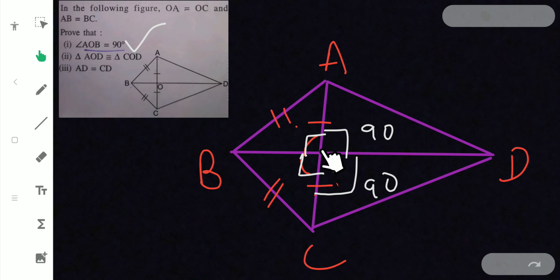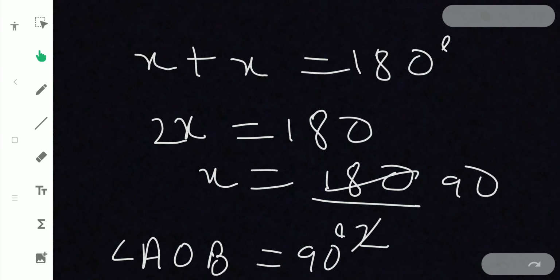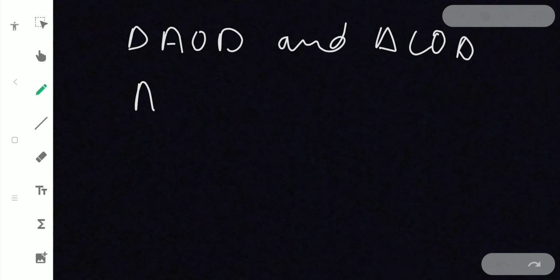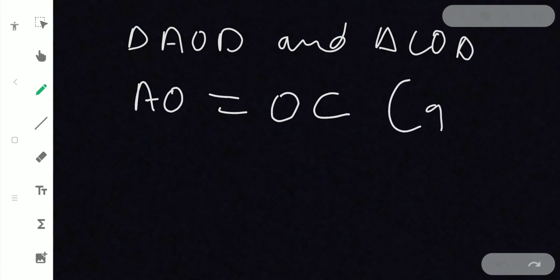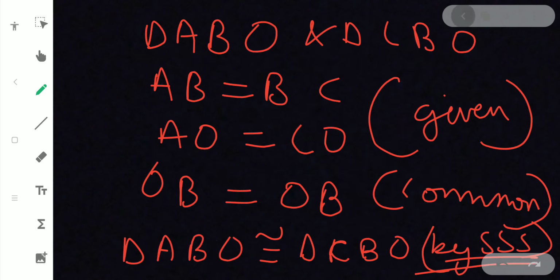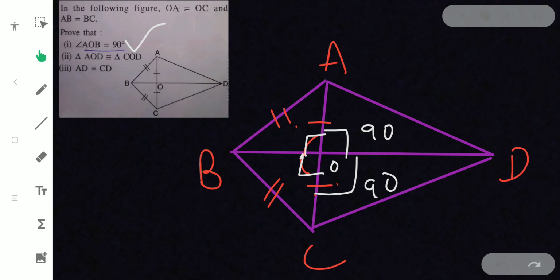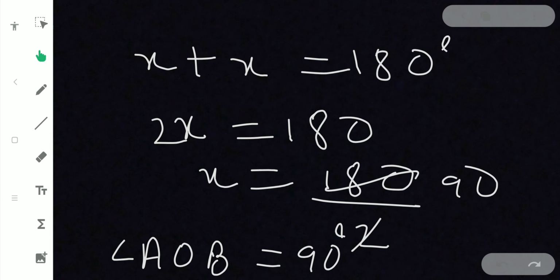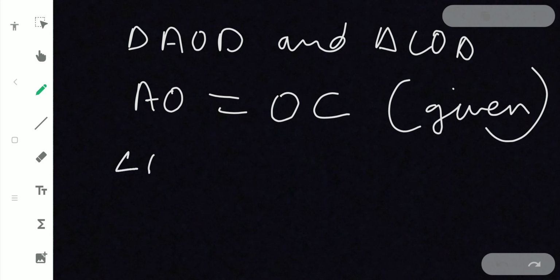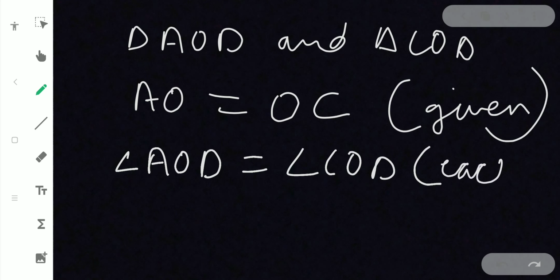We have AO is equal to OC, it is given. And in the same way, we are having this angle 90 degrees. So angle AOD is equal to angle COD, each 90 degrees.